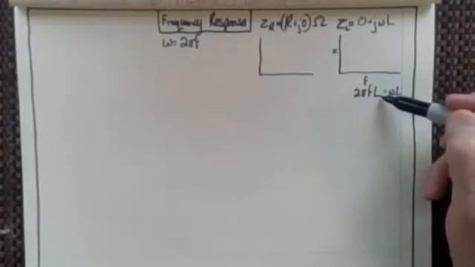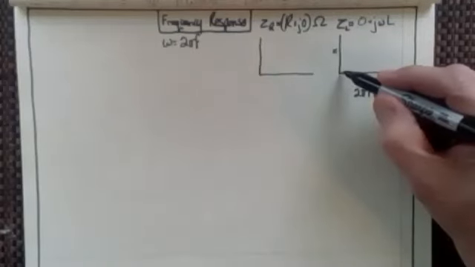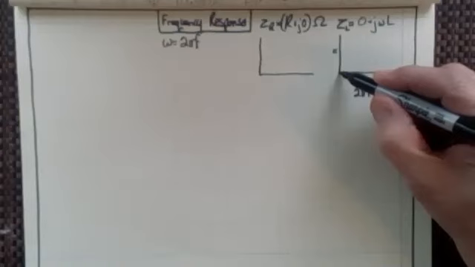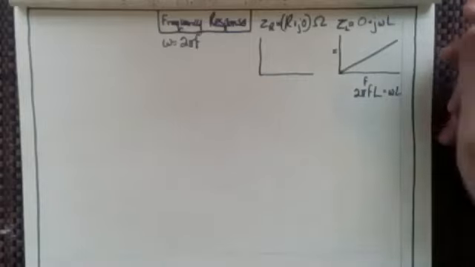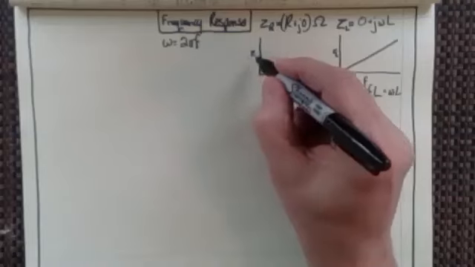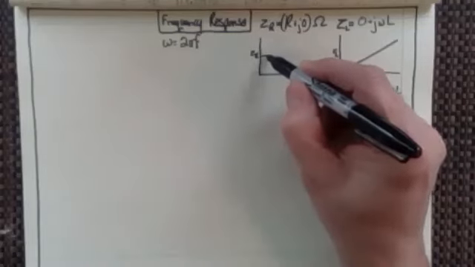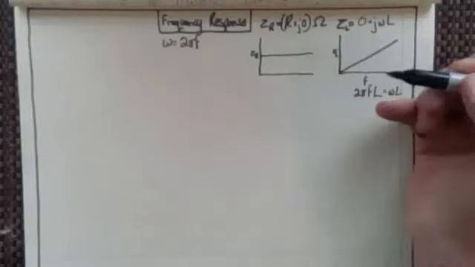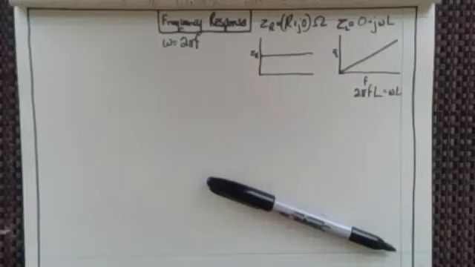If f increases but L stays the same, then it's going to go up proportionately. So we could say that as f increases, then also my impedance increases. In fact, that's how we would look at that. That would be Z sub L. And if we looked at Z sub R, I think everybody can see that what we really have is a constant. Doesn't matter what the frequency is for the impedance of R.